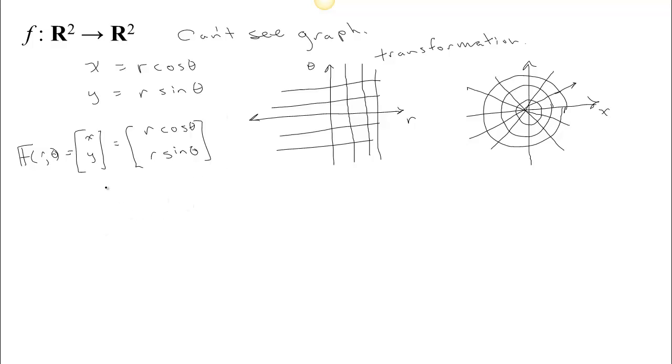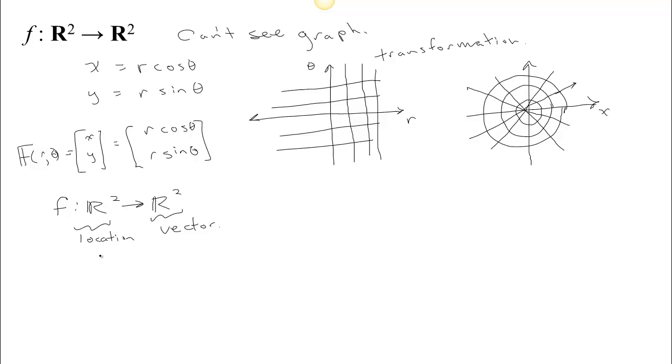Another way would be, if you have a function that has say 2 inputs and 2 outputs, or 3 inputs and 3 outputs, that the inputs are the location and the outputs are a vector. So let's look at an example simple enough that we could think about this.